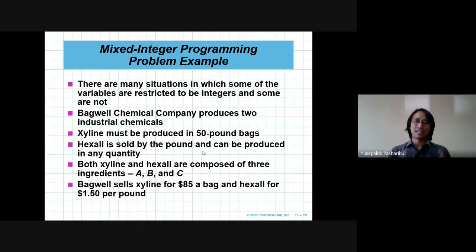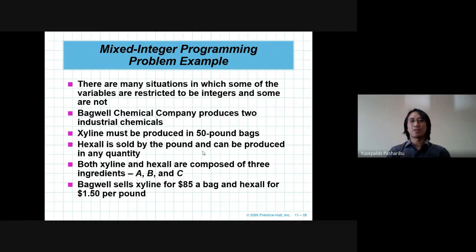So one package that we need to be concerned with is the bags. Inside the bags is 50 pounds of chemical. So for the xylene, the result must be in integer.